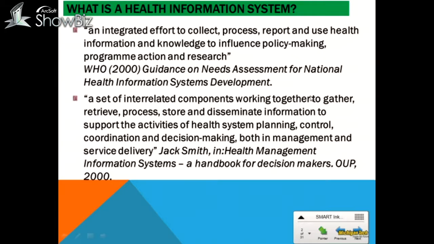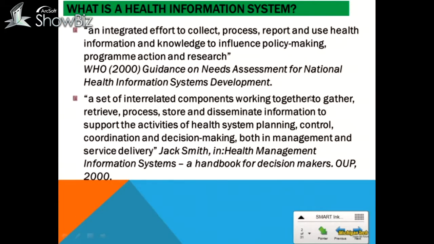In fact, from these two definitions, many things overlap. They just use different words to describe the same things. So, in fact, there is no real formal definition of what a health information system is.